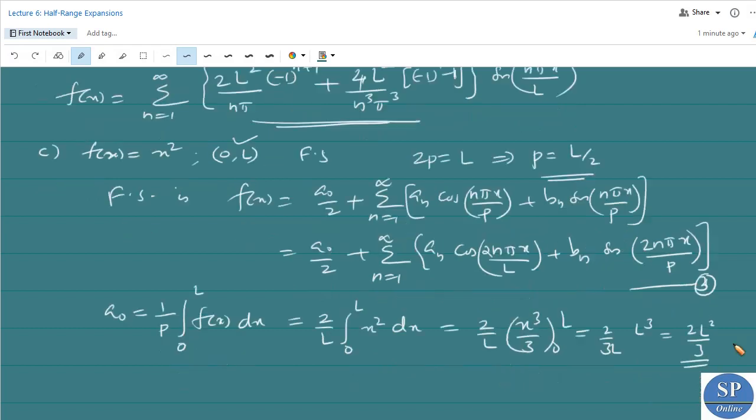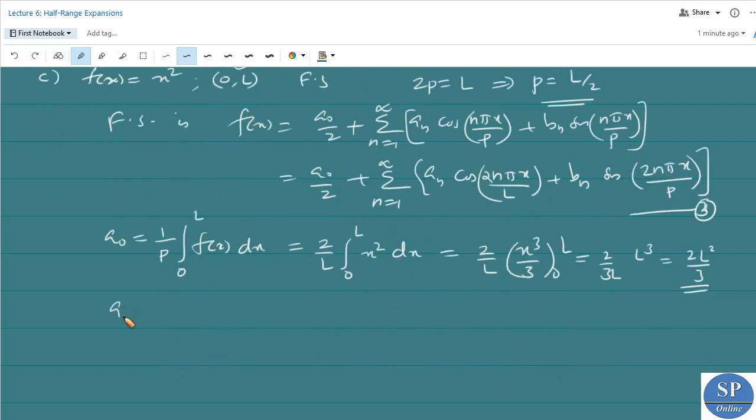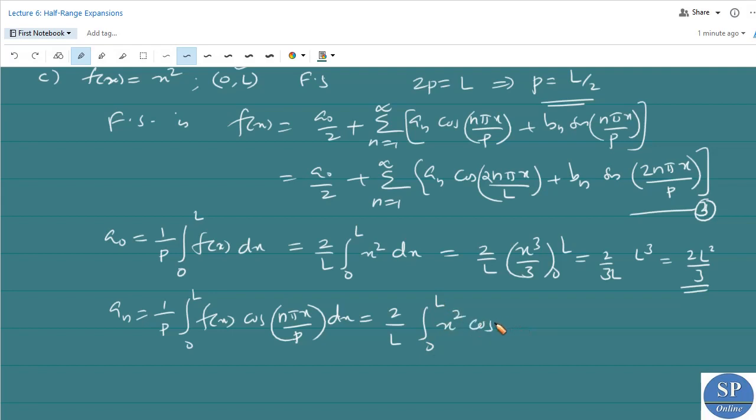Now we have an equal to 1 by P into integral 0 to L f of x cos n pi x by P dx. With P equal to L by 2, that is 2 by L into integral 0 to L of x square cos 2n pi x by L dx, because P equal to L by 2.